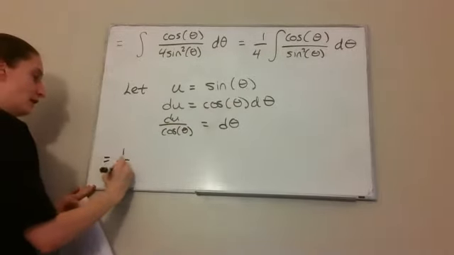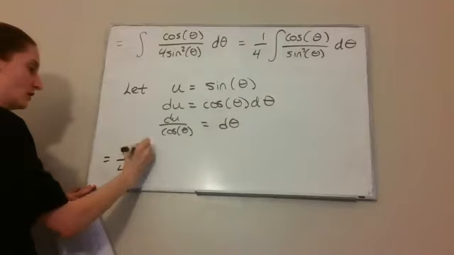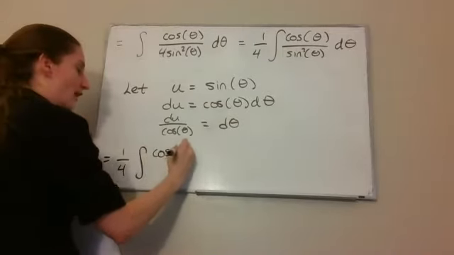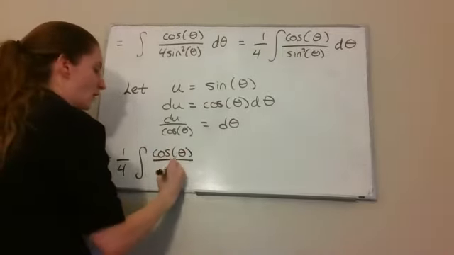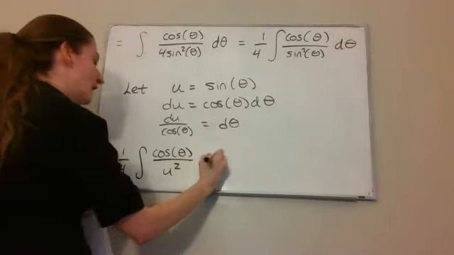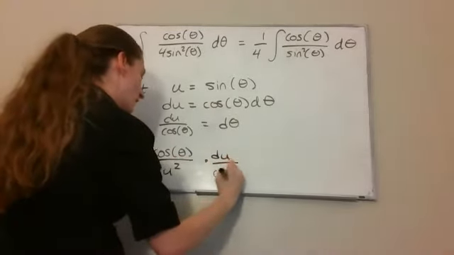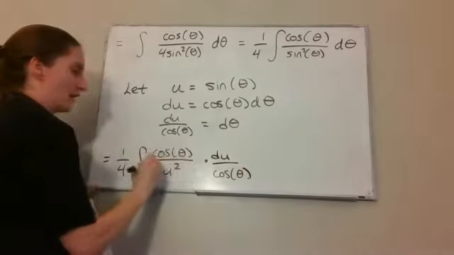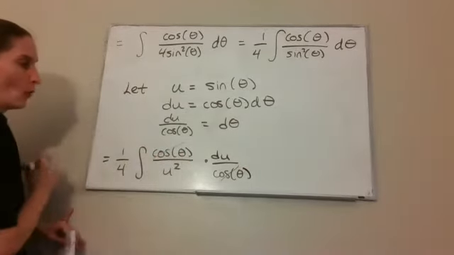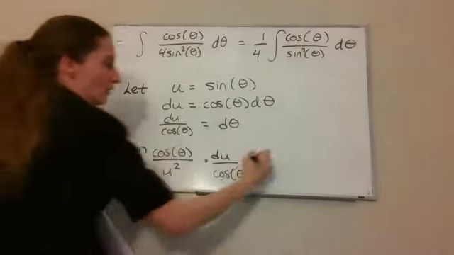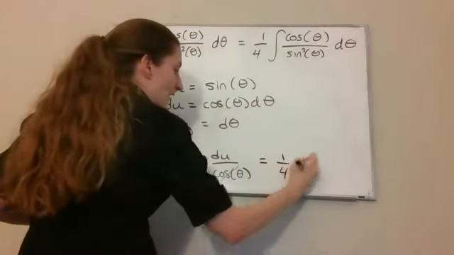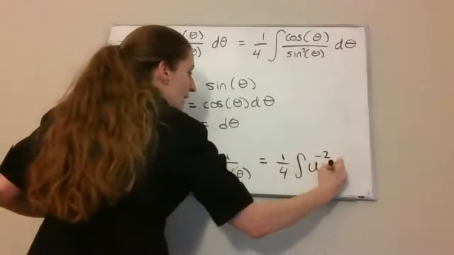So my integral is now equal to, we would have had a cosine theta over u squared and a du over cosine theta. So the cosines cancel out. And I just have a 1 over u squared. Well, that's the same thing as a u to the negative 2 power.